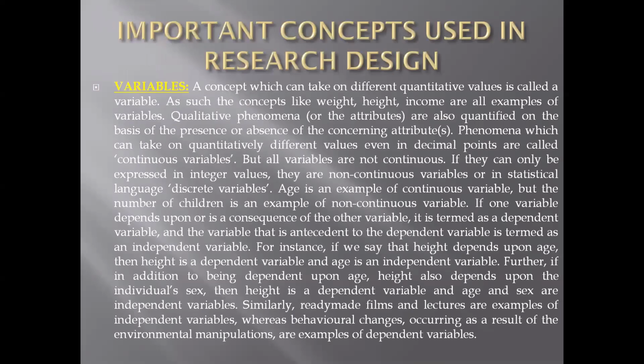So then there are some definitions, or you can say a few terms that you should be clear with while selecting a good research design. Then there are variables, anything that can incorporate the value of a respondent.